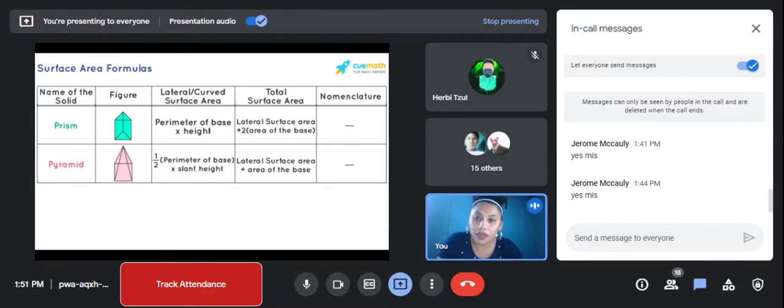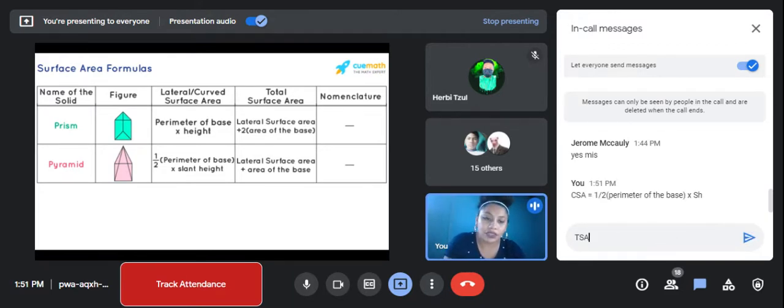So the curved surface area would be half times the perimeter, and then we're going to times that by the slant height.